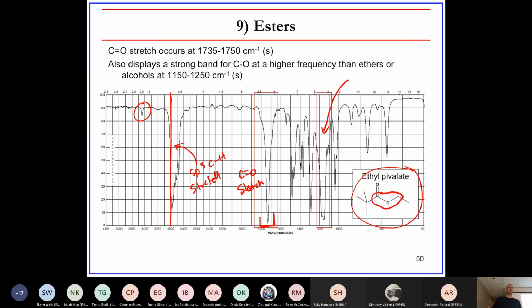Again, that's not a great one to rely on, just because it is in the fingerprint part of the spectrum, and there's lots of stuff going on in that part of the spectrum, so it's not super diagnostic. If you have an ester, you should find one there. But if you see something there, I wouldn't immediately conclude it's an ester.